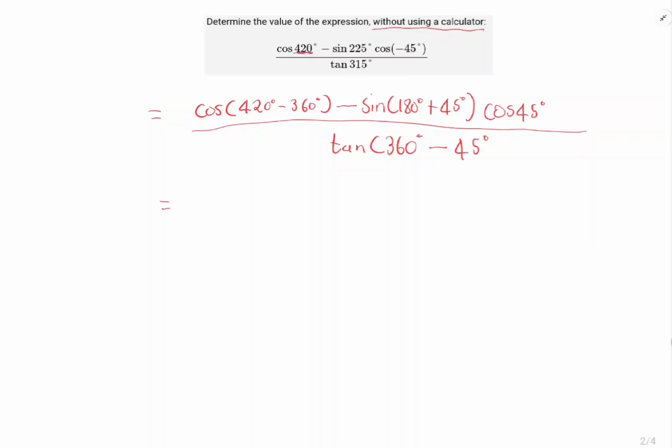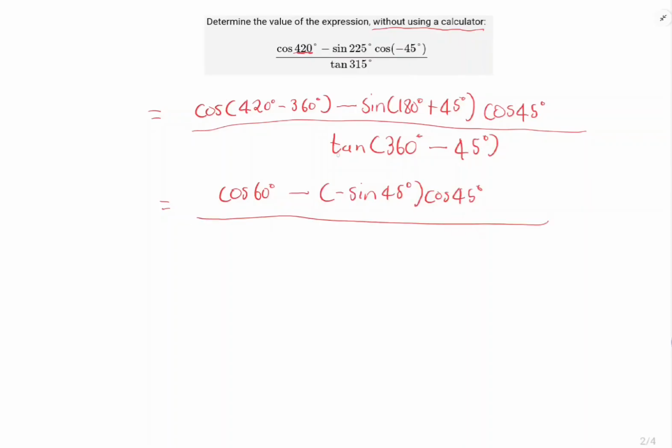Let us go ahead and reduce. So 420 minus 360, it's cos 60 degrees, minus sine of 180 plus 45. It's in the third quadrant and we're given sine, so it's going to be negative because sine doesn't belong there. Keep this angle 45 degrees. Cos 45, you just keep it like that.